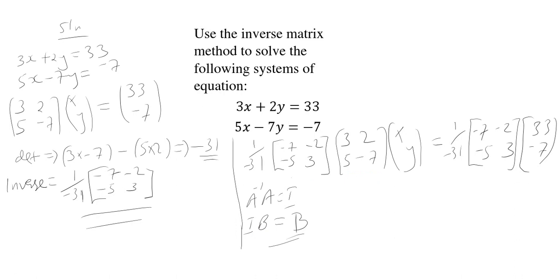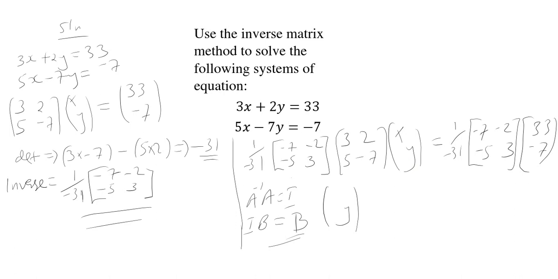So this tells us that when you reach at this point, there is no need of multiplying out, so you simply get xy, because this matrix times its inverse, you'll get identity. The identity times this matrix, you'll get the matrix itself.